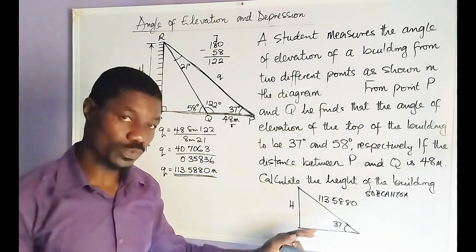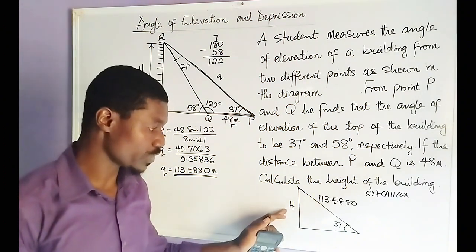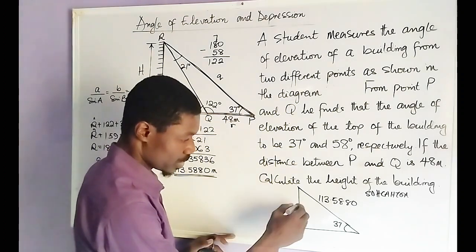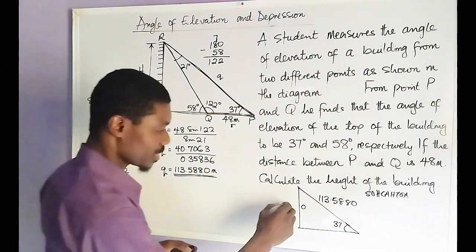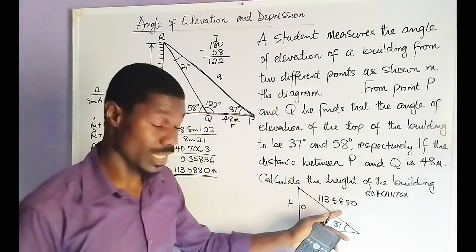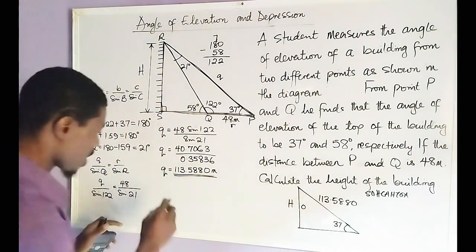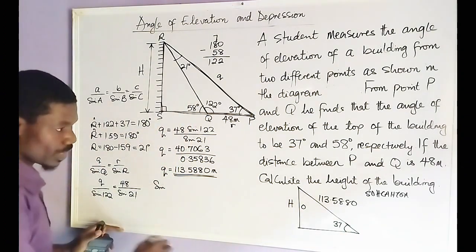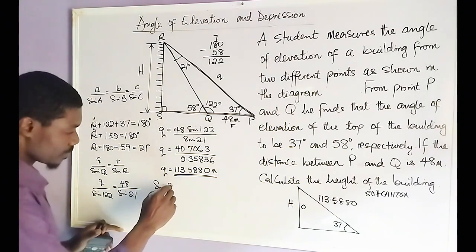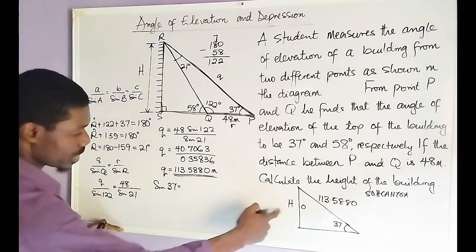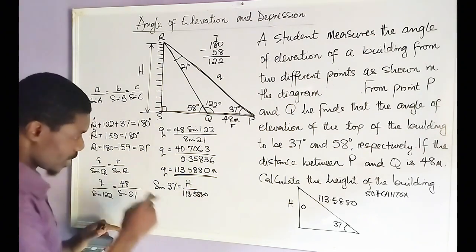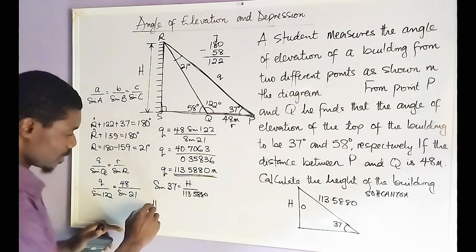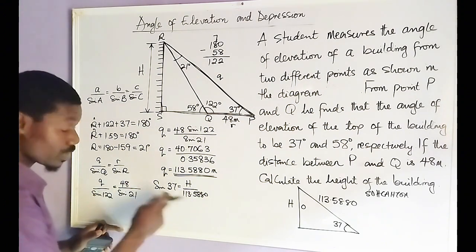Because we have a relationship between the angle, the opposite, which we represent as the height, and the hypotenuse, we have sine 37 equals the opposite, the height, over 113.5880.